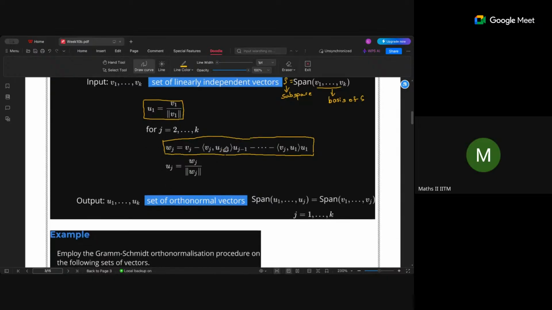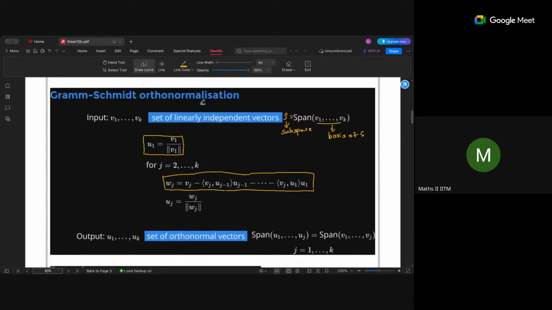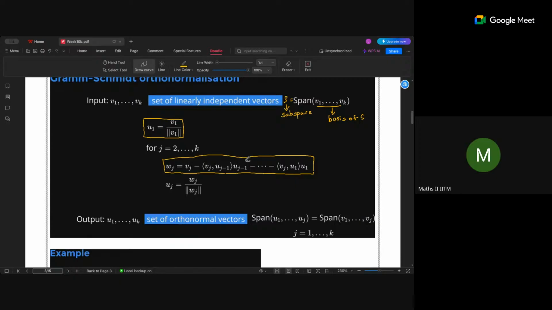This formula is based on projection, but I don't think the theory part is deeply covered here. Those who are interested in the theory behind it, there are several lectures you can check, and maybe I can also send some links.